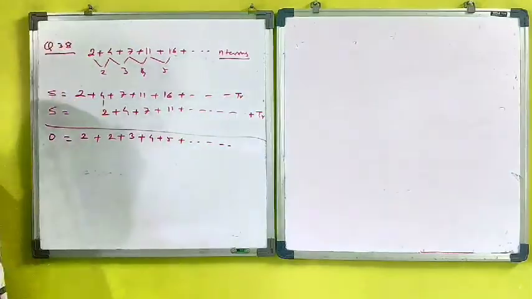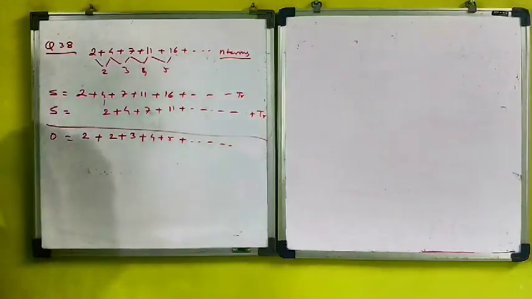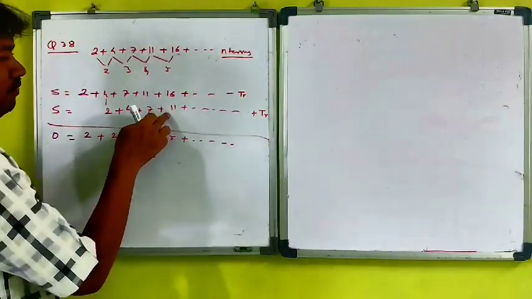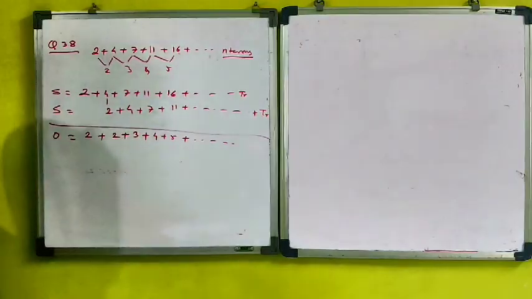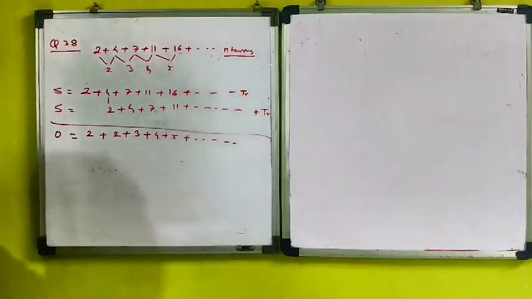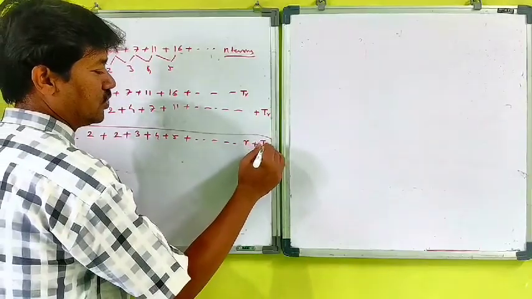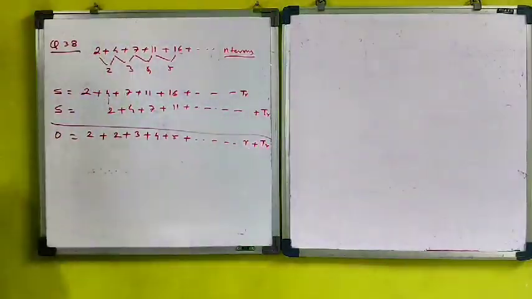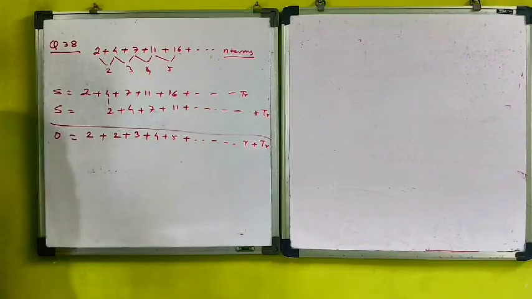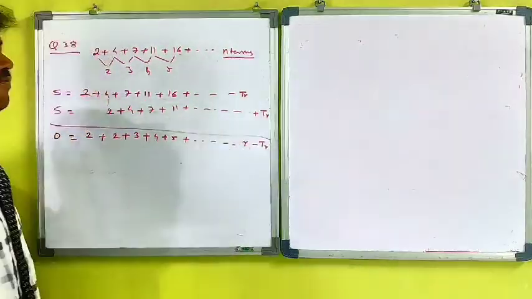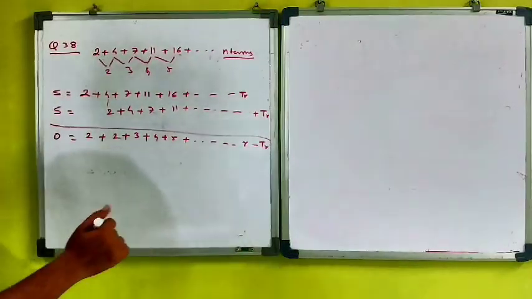The last one will be Tr. And the next is Tr here. So, sorry, it will be negative, so minus Tr, because it's subtracting. So what is the value of Tr in this case?